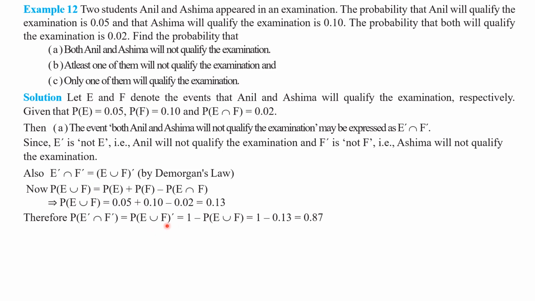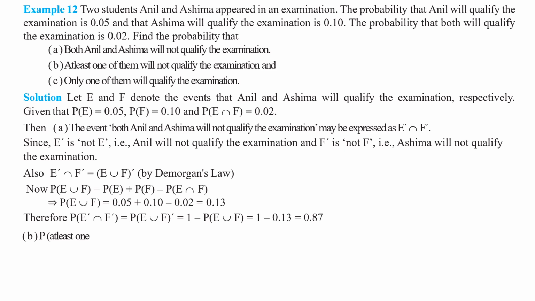So similarly here P of E union F whole dash means 1 minus P of E union F. Understood this step, my children? That is equal to 1 minus, we substituted the value of P of E union F, 0.13. By simplifying these two numbers, we get 0.87. Understood this step, my children? Right.